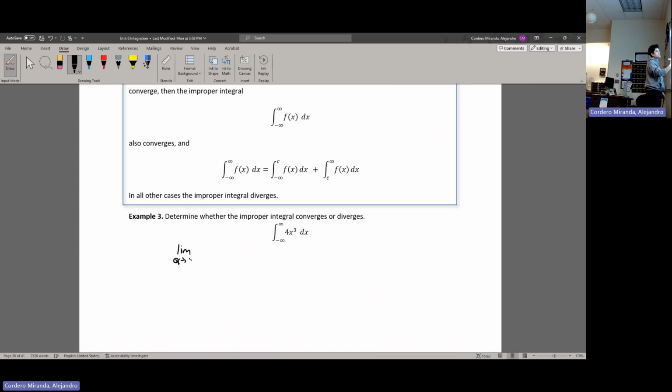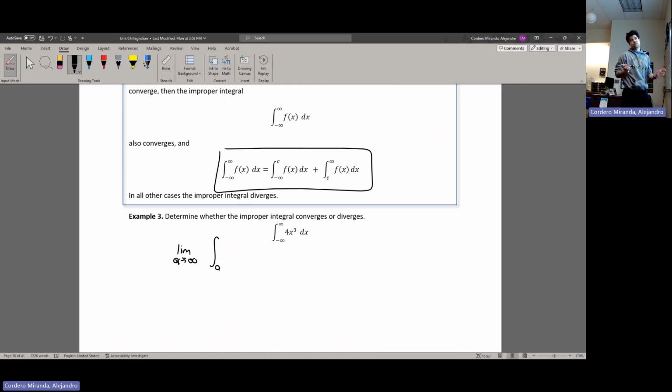You take the lower limit and replace it with an a, or whatever letter you like out of the alphabet. And then you're also going to have to take the limit as b goes to something. So what this says is you split it halfway. It doesn't really matter that it's exactly halfway, but that's sometimes the most convenient.